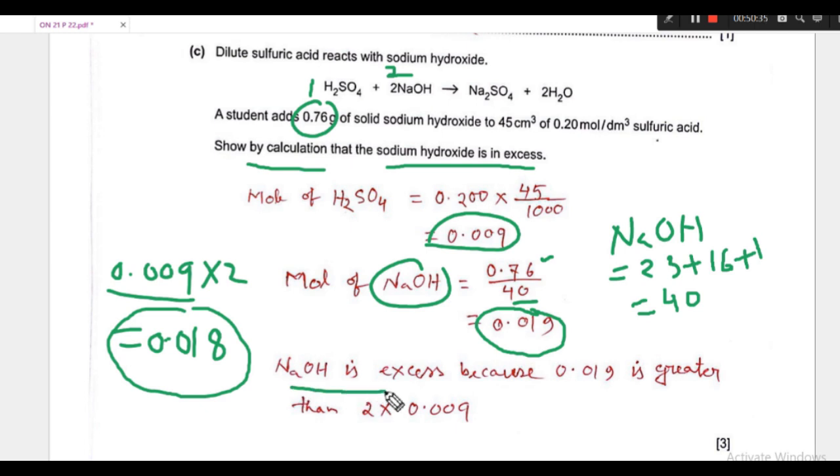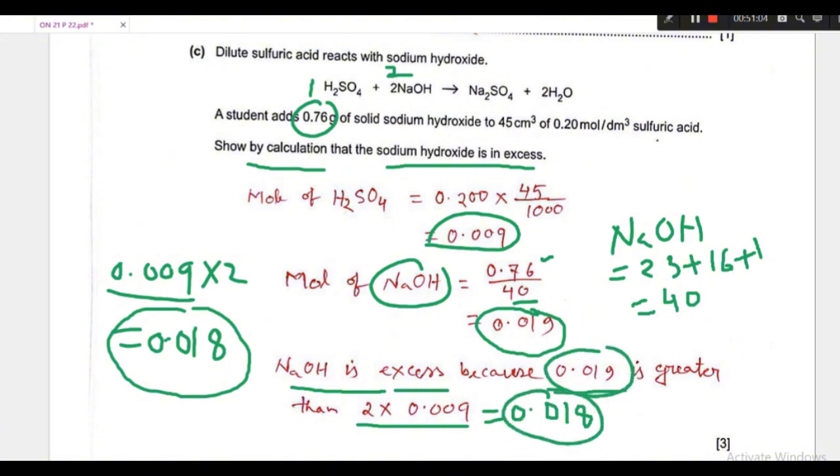So sodium hydroxide is in excess because 0.019 is greater than 2 times the sulfuric acid, 0.018. So moles of sodium hydroxide is in excess.